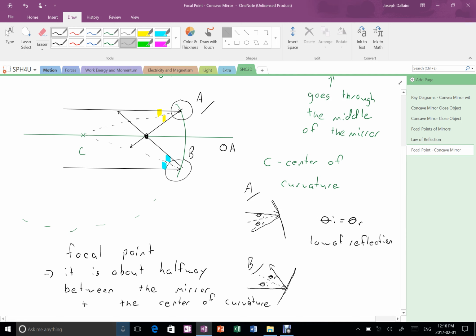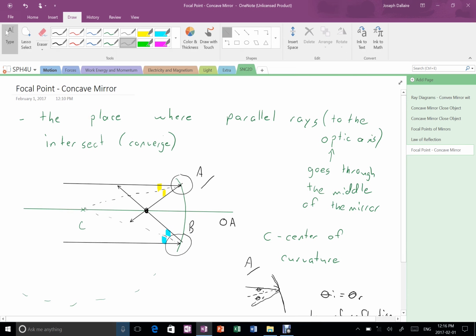I don't know how to spell curvature. Anyway, so that is how we find the focal point, the place where parallel rays intersect or converge when they bounce off a concave mirror.